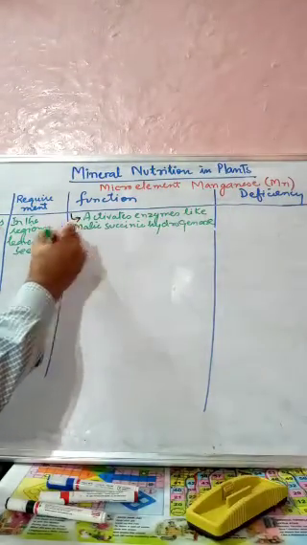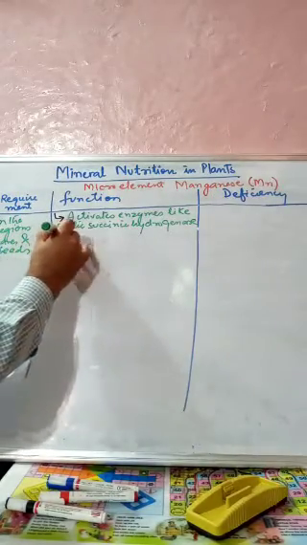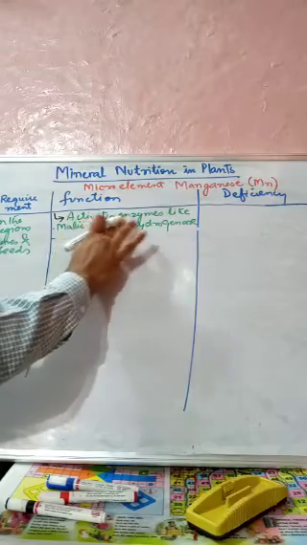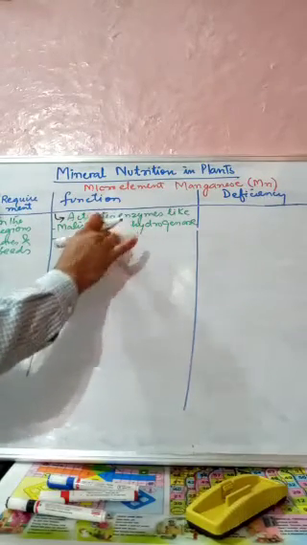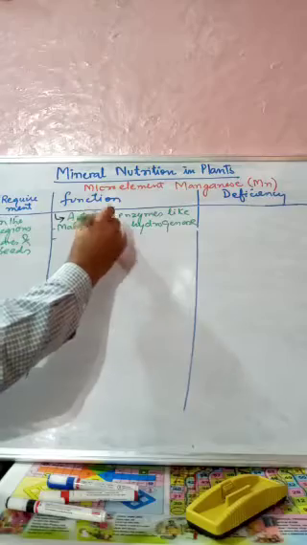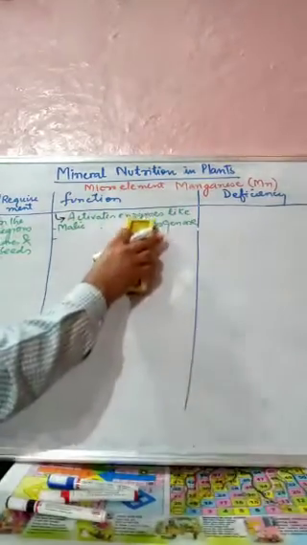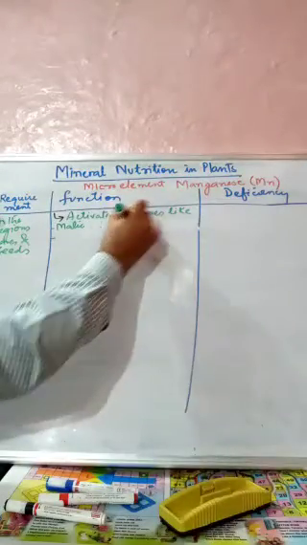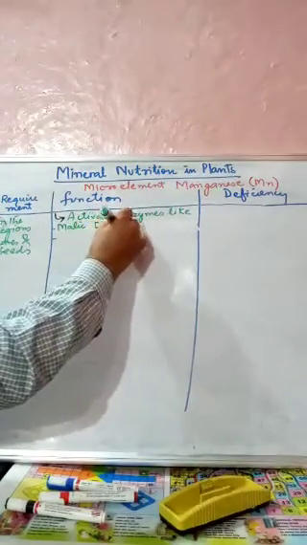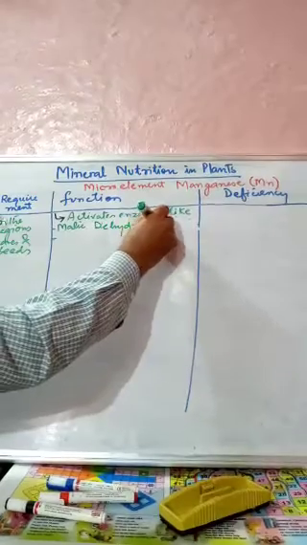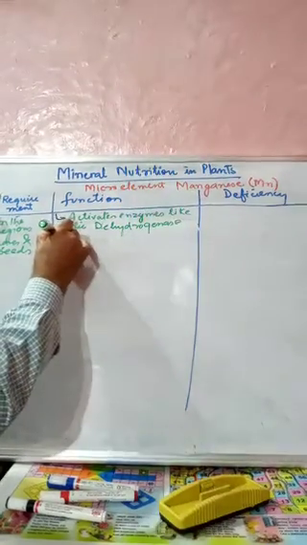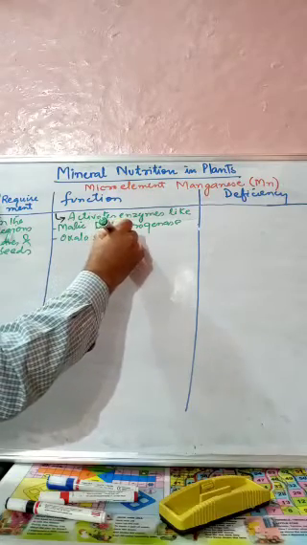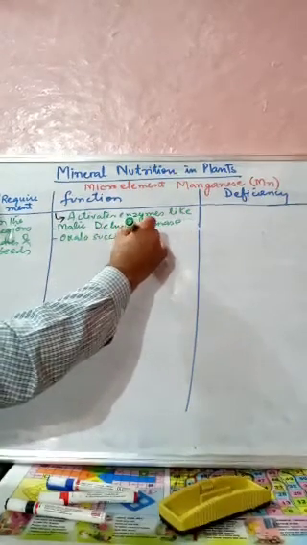Then we have one more, called malic dehydrogenase. Then second, oxalosuccinic dehydrogenase.